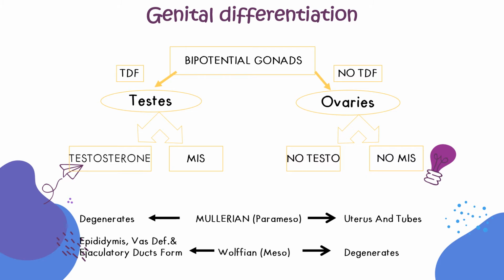So for the differentiation here, the dihydrotestosterone produced by the testis in the male fetus stimulates the differentiation of either the male external genitalia or the female genitalia. So by the fifth month of gestation, it is decided. If there is no dihydrotestosterone, then it will get differentiated into female external genitalia.